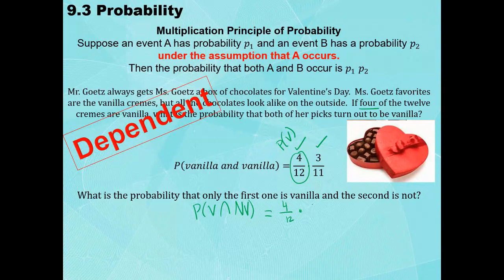There must have been 8. There's still 8, but now there's only 11. So that gives me what? 1 over 11? Is that right? Yeah, 12 over 12 times 11 is just going to simplify to 1 over 11.